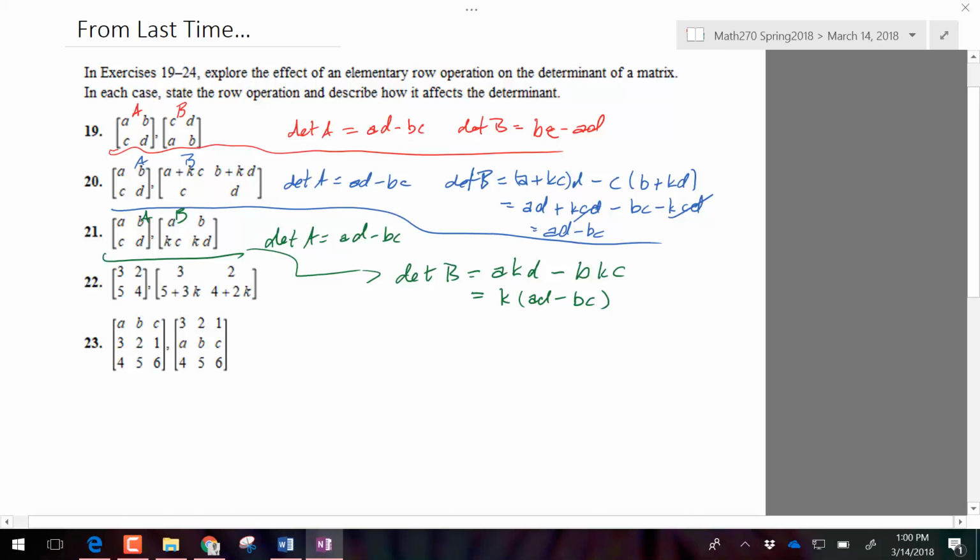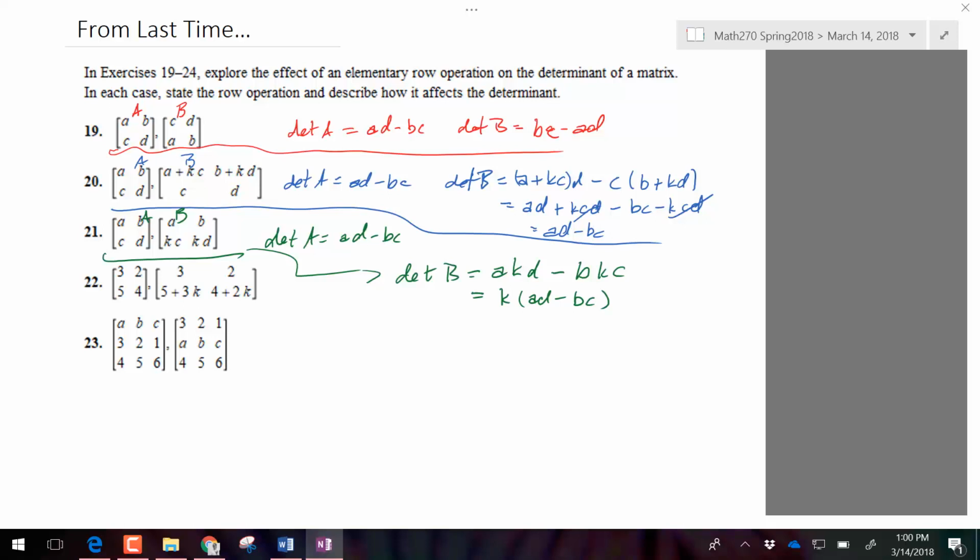Yes. You're going to change your determinants? Possibly. All right, I don't know.